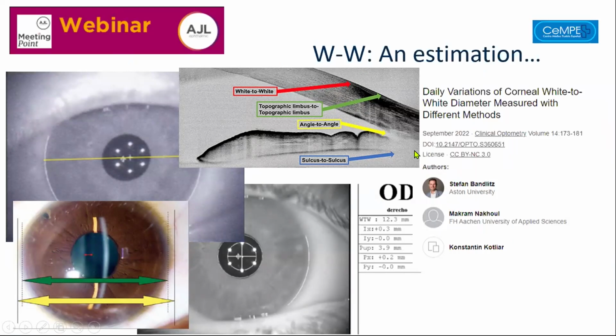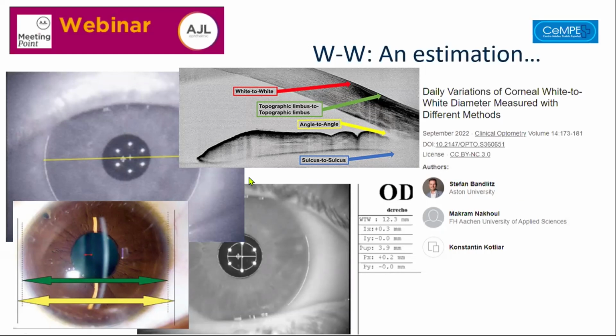But the capsular bag reaches this area. It's wider, bigger, larger than the white-to-white. So the white-to-white gives you an approximation of the size. Of course, the approximation is smaller than the real size of the capsular bag. So knowing this, I can guess that I'm going to choose a CTR slightly larger than the white-to-white.